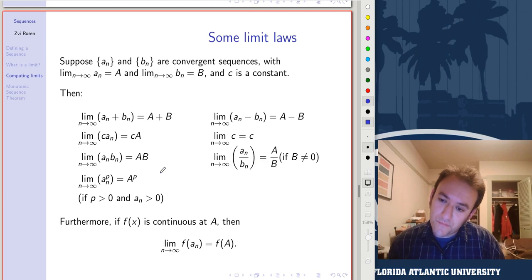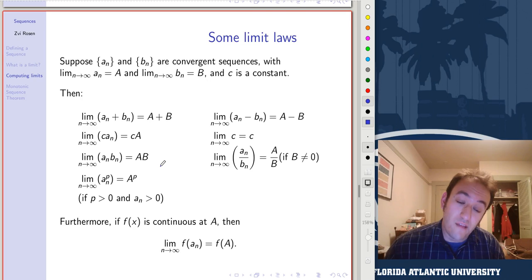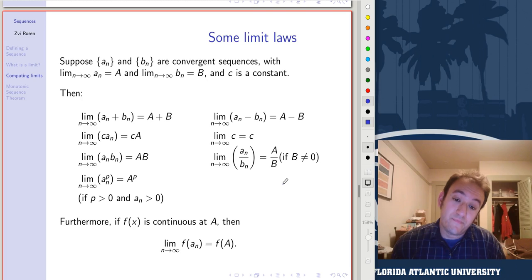If you're taking the limit of a_n times b_n, then that's also the product of the limits, A times B. If you're taking a limit of quotients, a_n over b_n, then that's going to be A over B, but here you have the important condition that B must not be equal to 0. If it is, then you can't divide by it, obviously.